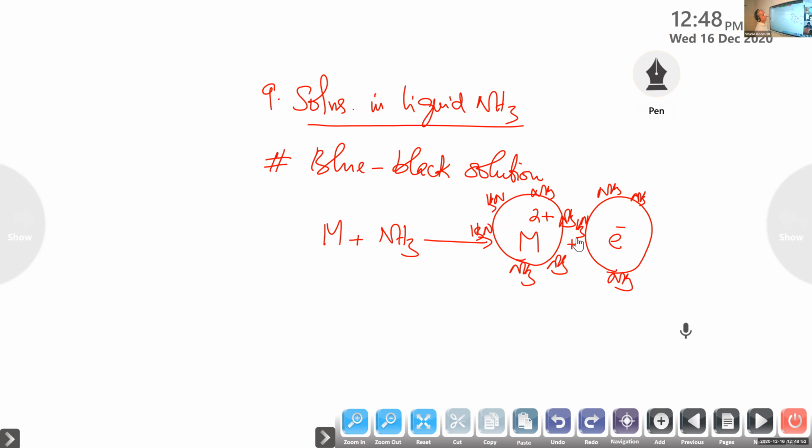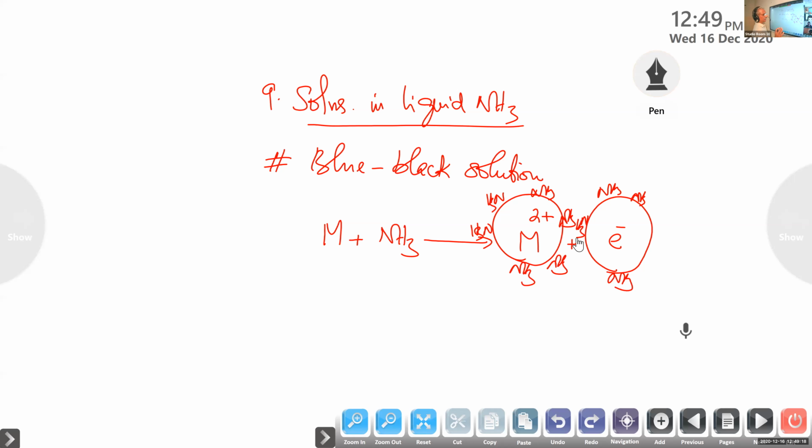Due to the presence of the ammoniated electrons, the electrons can absorb energy, the electrons can get excited, and the color is produced. So the color is due to the formation of ammoniated electrons.